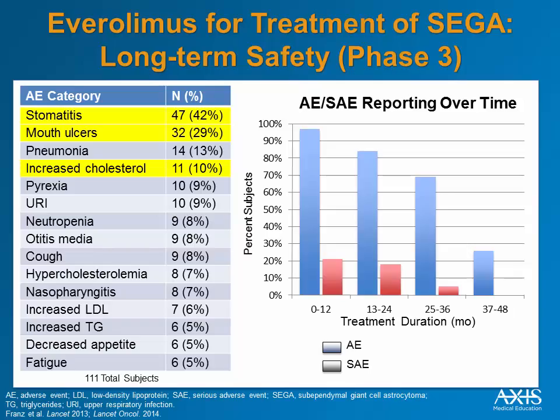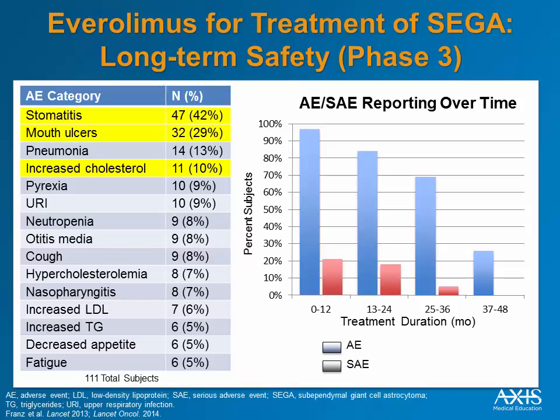Most of these are considered mild and don't cause a significant disruption in treatment, and there are also symptomatic treatments that can be used in order to limit the severity and or frequency of mouth sores with treatment of mTOR inhibitors. The other major side effect that we tend to see that is treatment-related and shown in yellow here is increased cholesterol and occasionally increased triglycerides, but particularly cholesterol.